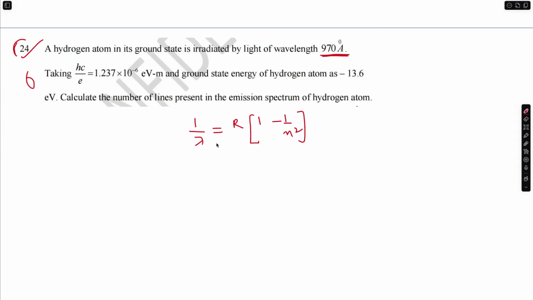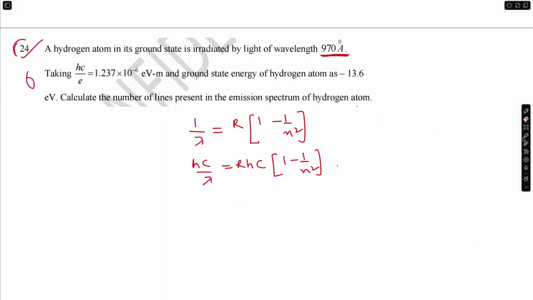How to identify that: hc by lambda is Rhc times 1 minus 1 by n square. The only challenge for me is that we require this n square term badly.